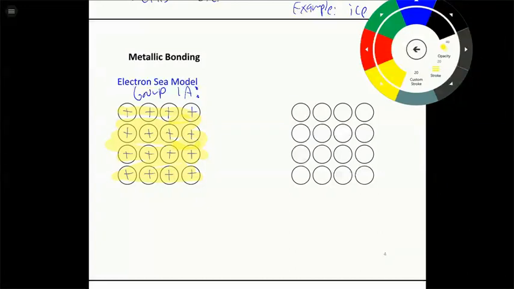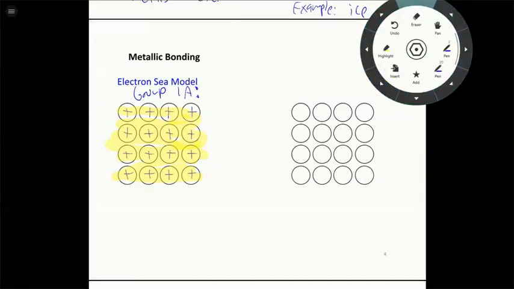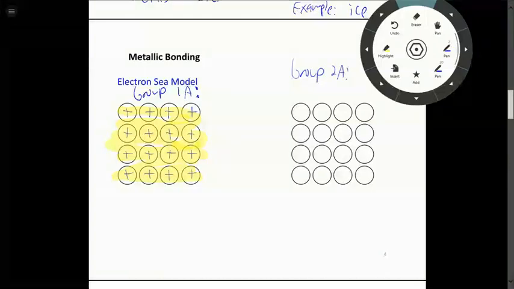And then if we go to group 2A, these have two valence electrons, so now we can think of the arrangement as being a bunch of 2+ cations, where now we're going to have two loosely held valence electrons that end up delocalized among all the atoms.